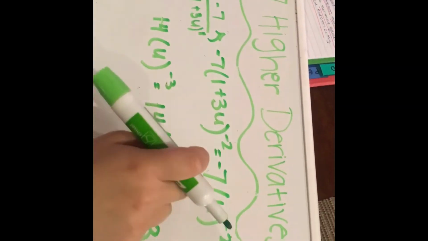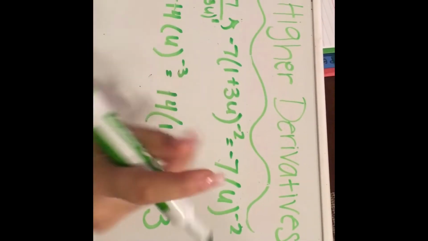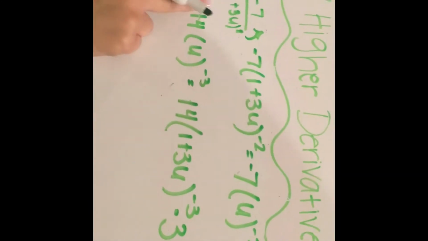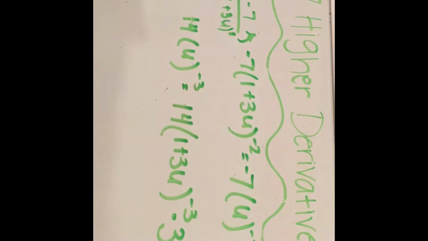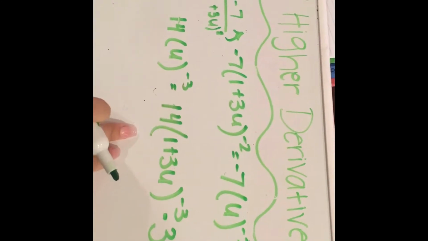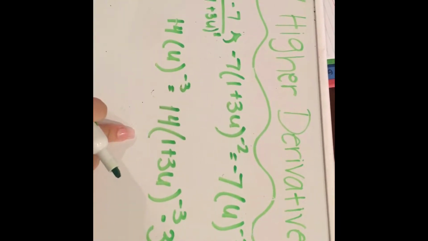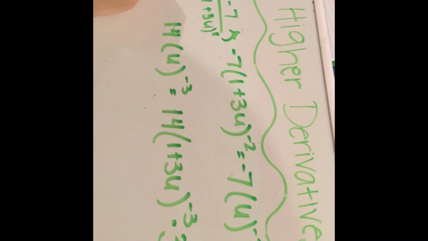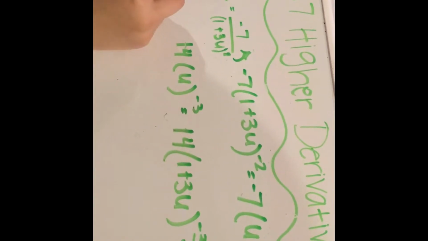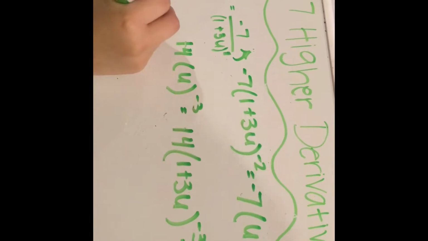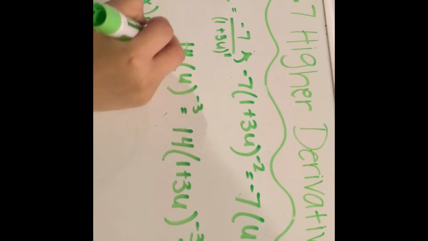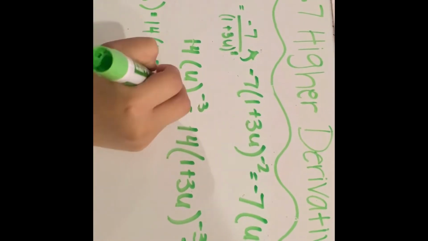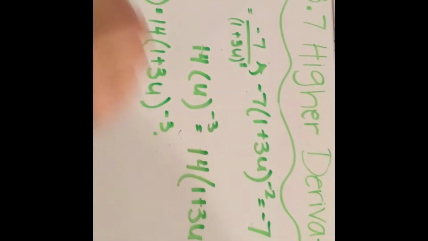Okay, so I realized in the first part I messed up and put -7 times -2 is -14, but it's actually +14. So anyways, that gets us 14 times 1 plus 3u to the -3 times 3. So now we can write that as f double prime of x equals 14 times 1 plus 3u to the -3 times 3.